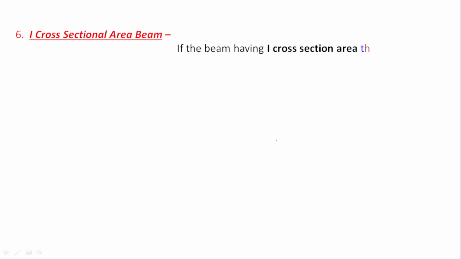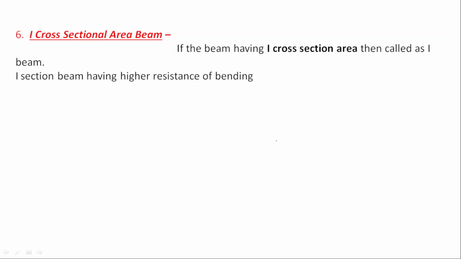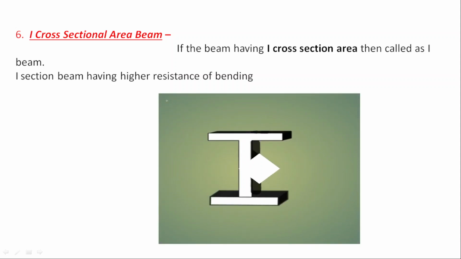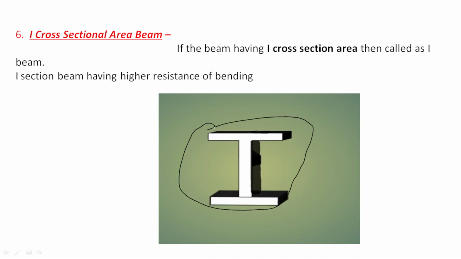I cross sectional area beam. If the beam has an I cross sectional area, then it is called an I beam. An I section beam has higher resistance to bending. This is the shape of the beam. This looks like I, that is called an I cross sectional beam.